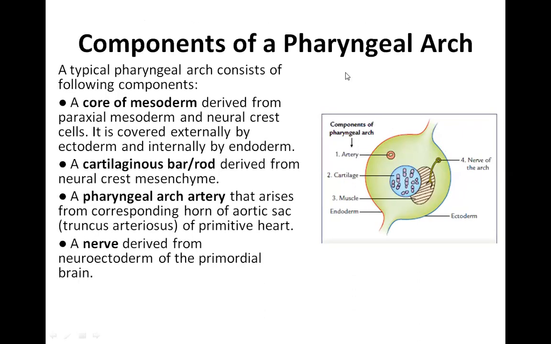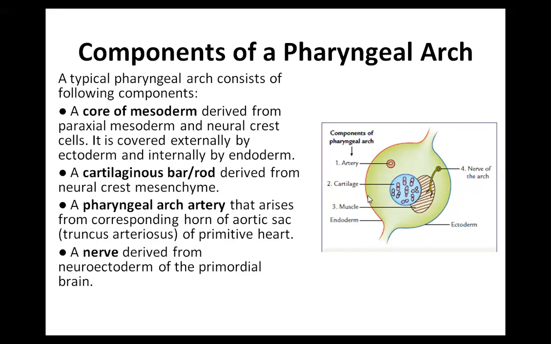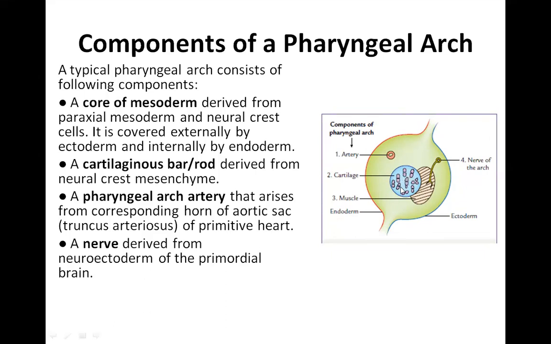So what are the components of a pharyngeal arch? If we look at one pharyngeal arch, it has a core of mesoderm, which is derived from paraxial mesoderm and the neural crest cells. It is covered externally by ectoderm and internally by endoderm. It has a cartilaginous rod or bar, which is derived from neural crest mesenchyme.